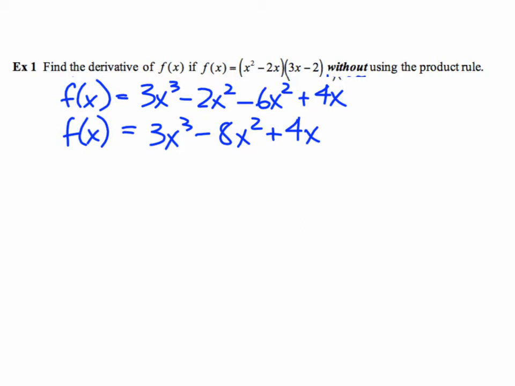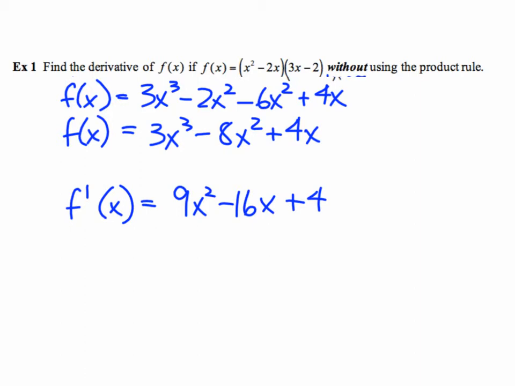Now we can take the derivative, multiplying the exponent times the coefficient in front. So the derivative of f of x equals 9x squared minus 16x plus 4. So this should come easy to you. You should be able to take the derivative of f of x.